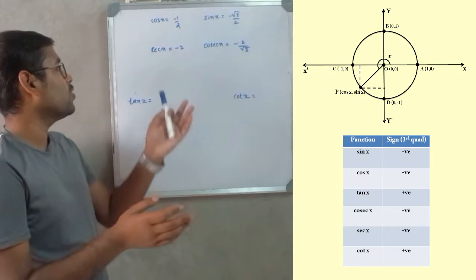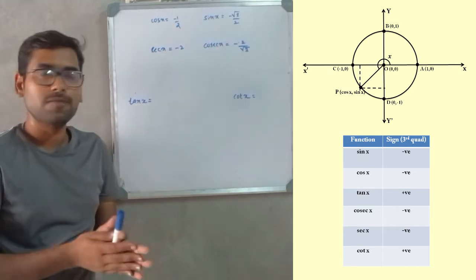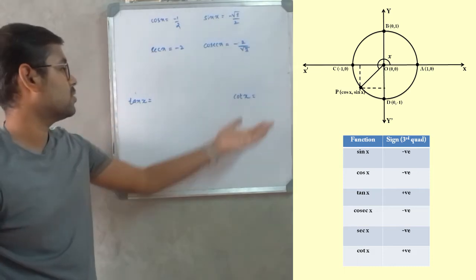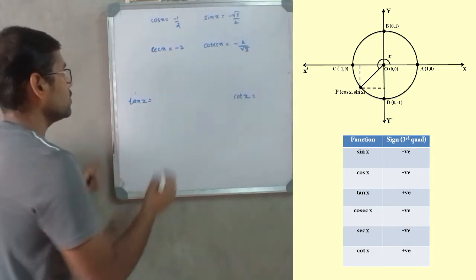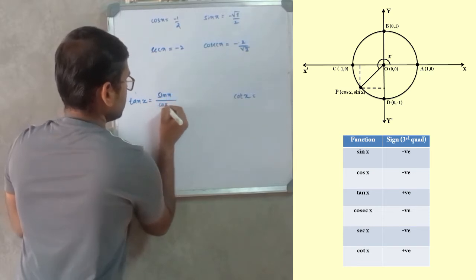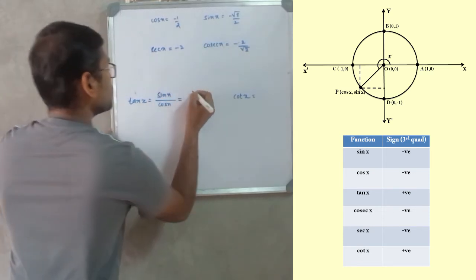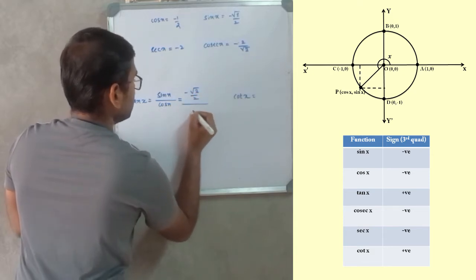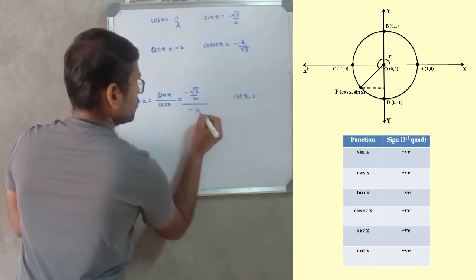Guys, now that we have the values of these 4 trigonometric functions for this angle x, let us find the other two, which are tan x and cot x. Tan x is given by sin x divided by cos x. Now we have the value of sin x, which is minus root 3 by 2, divided by cos x, which is minus 1 by 2.